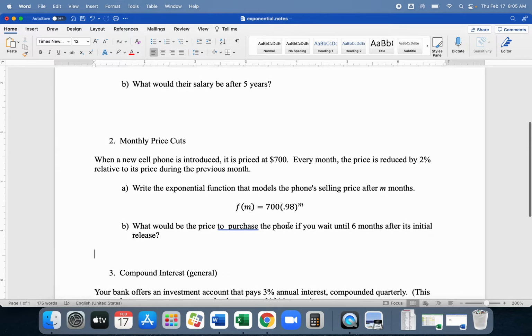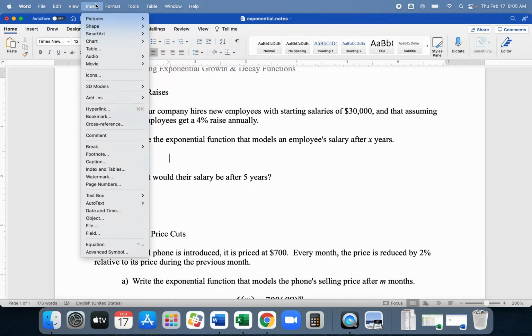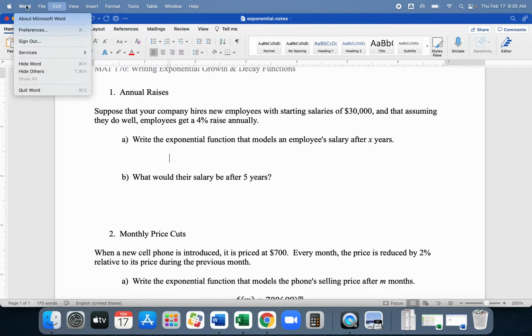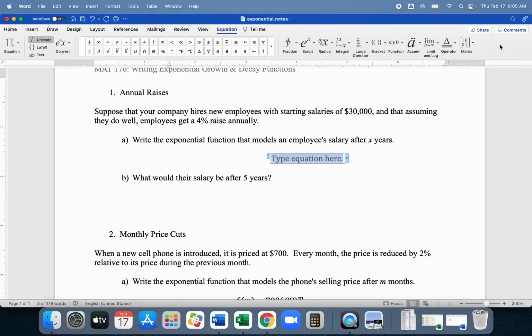So more similar to the first question here, where we started with a salary of $30,000 and we increased by 4% per year. Let me do this with my... no, this one, sorry. Insert weird equation.